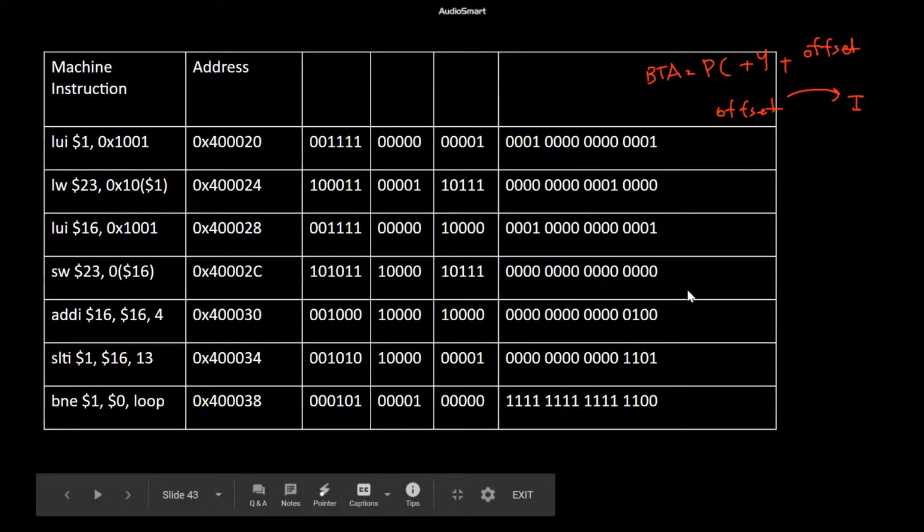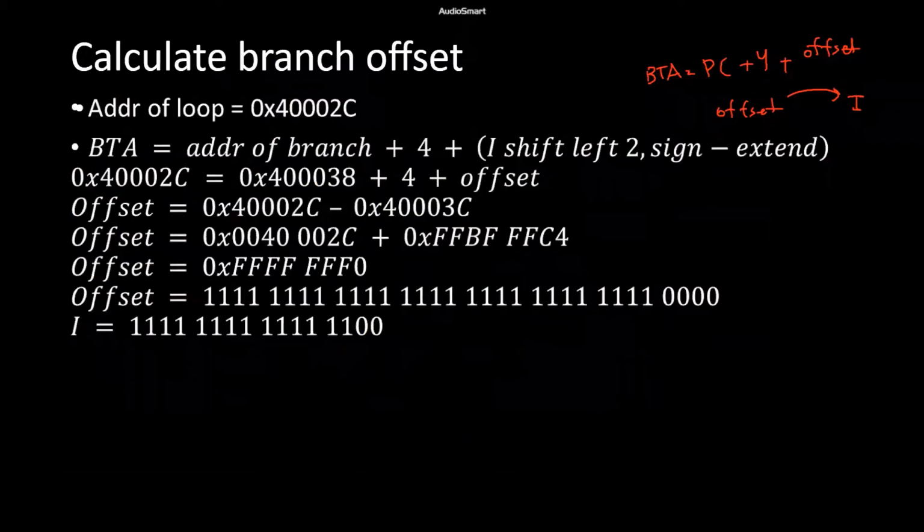And we said the only difference is that if you go from I to the offset, you have to add 2 zeros here. If you are going from offset to I, you are removing 2 zeros, right? Because this offset is in bytes, but I is basically in lines of code, or how many lines of code you are jumping. So let me write it here.